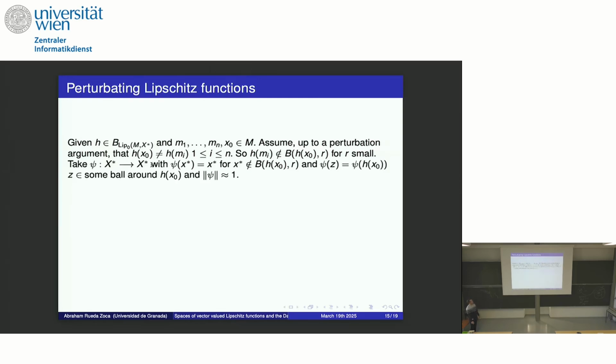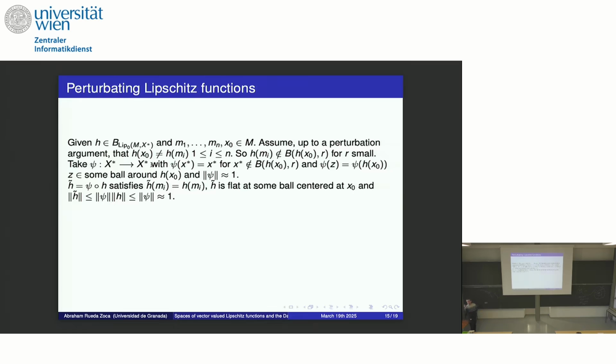Apply our function and find some ball around h of x0 where psi is flat and the identity out of a bigger one. Now compose h with psi. Clearly, it will coincide with h at the points mi. By construction, it will be flat at the pre-image of the ball around x0 by f, and the Lipschitz norm will be nearly 1.